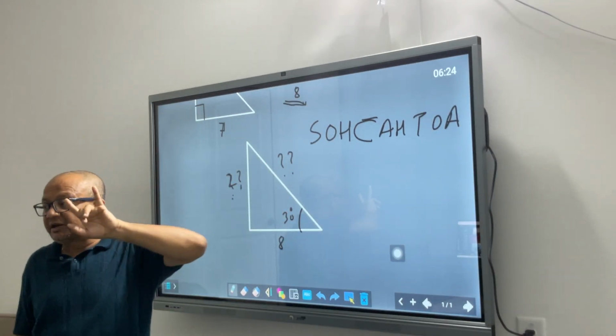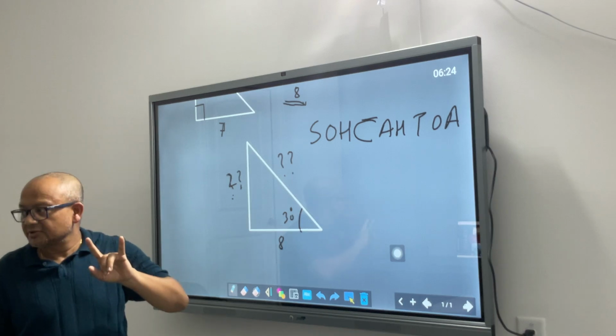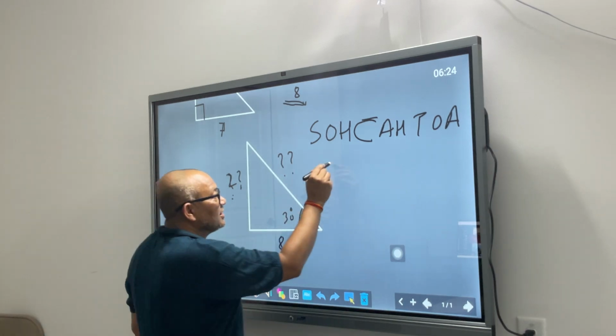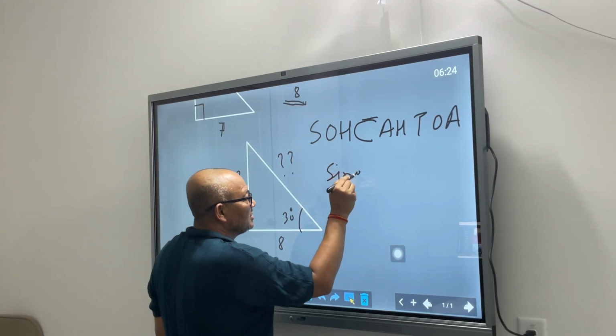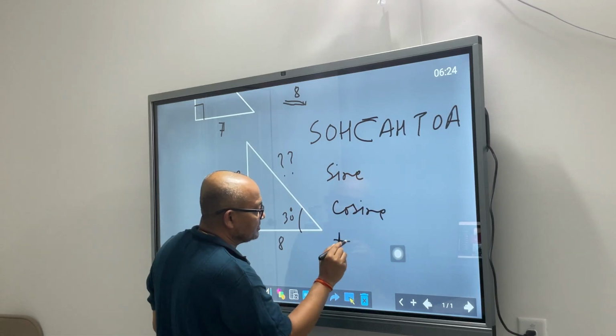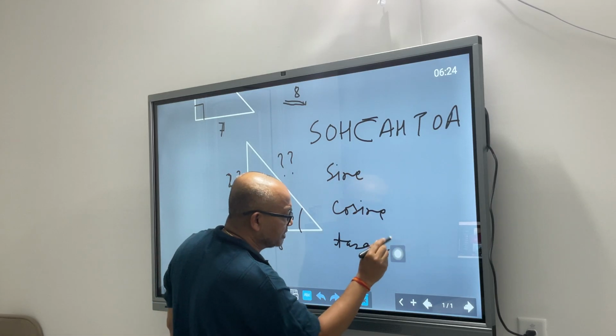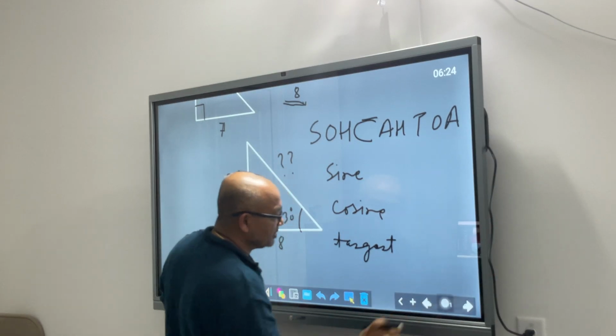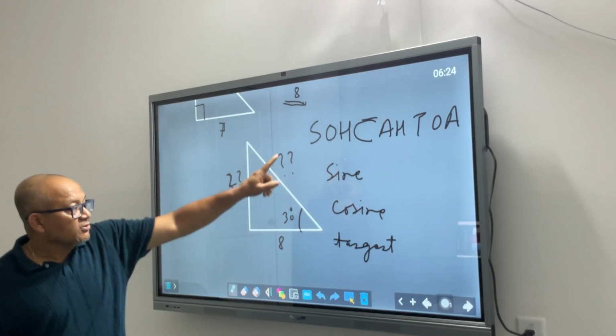There are three trigonometric ratios. They are called sine, cosine, and tangent. And there are more to it. These are the three basic ones. Sine, cosine, and tangent.